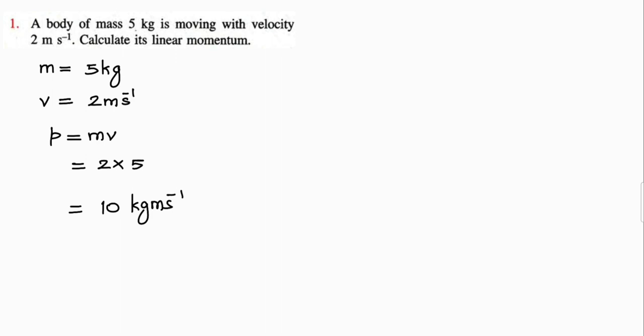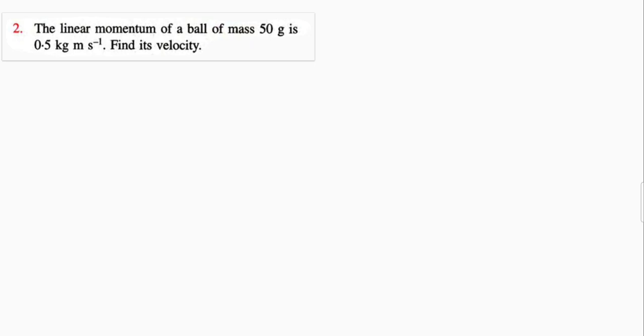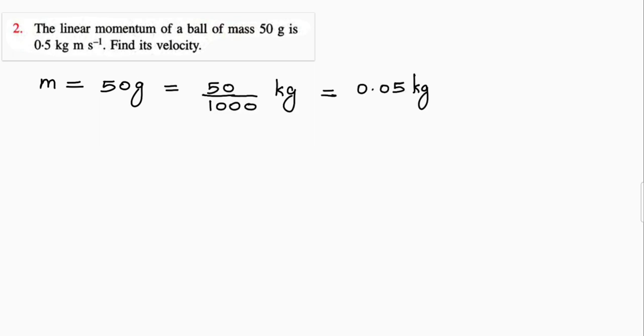Question number 2. The linear momentum of a ball of mass 50 grams is 0.5 kilogram meters per second. Find its velocity. So now momentum is given, you have to find the velocity. Let's write the data. Mass is 50 grams. Convert this into SI unit, that is 0.05 kg.